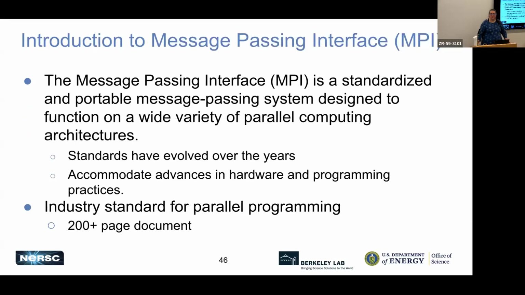Okay, so MPI, the message passing interface, is a standardized and portable message passing system that can be used on a variety of parallel computing architectures. So MPI is a standard. It has evolved over the years, started in the early 1990s, I believe, to accommodate advances in hardware and programming practices.